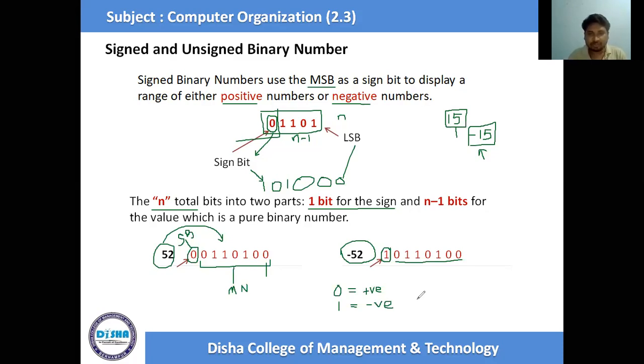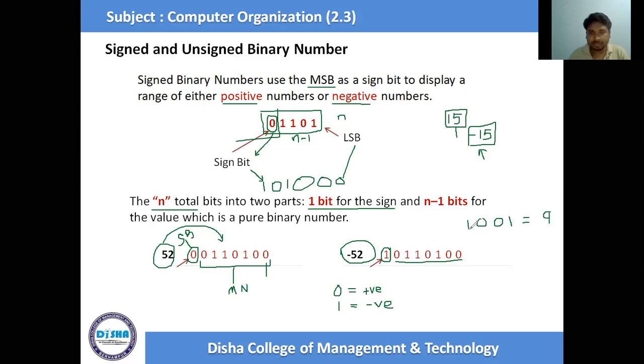But there are some drawbacks. We cannot just put a 1 at the MSB side and say that it is the negative representation of that number. It is not possible. For example, say I am taking a number 1 0 0 1. Its decimal value is 9.